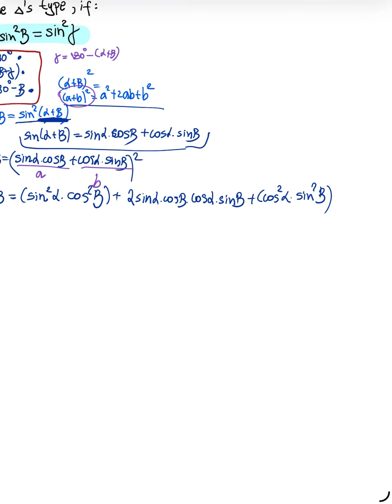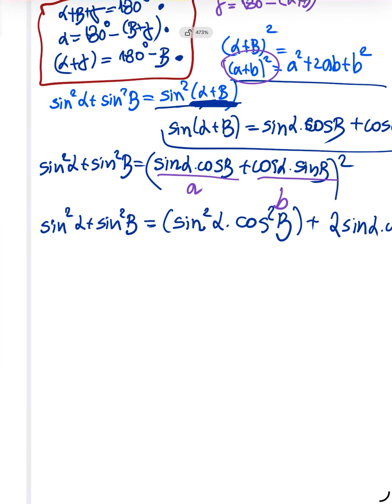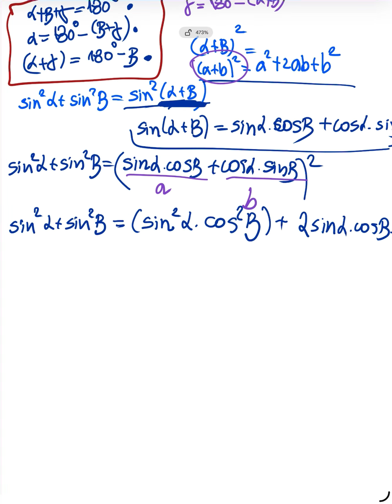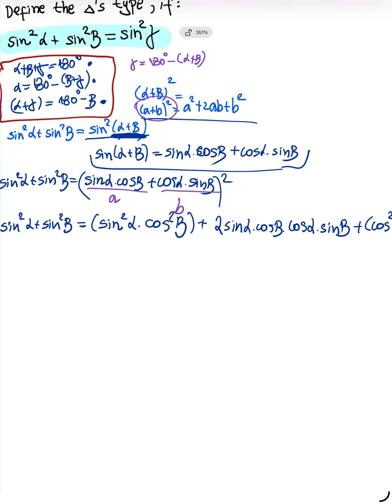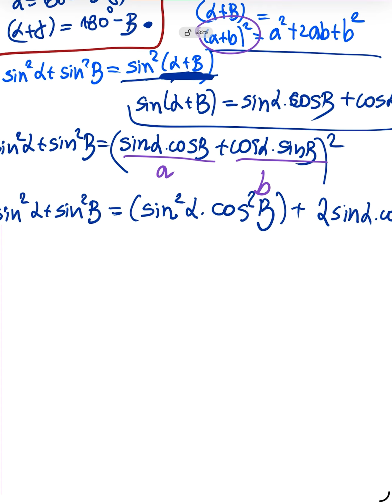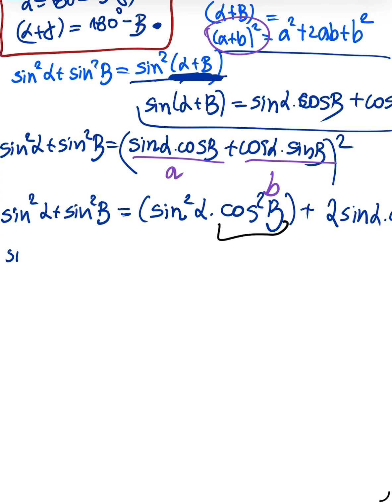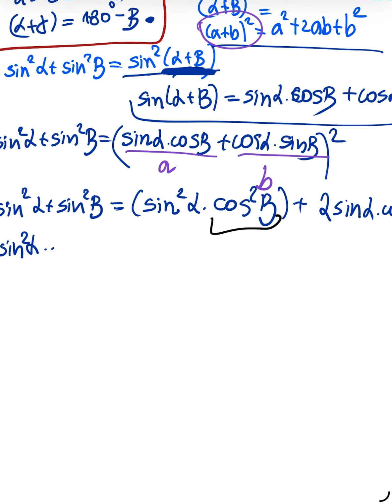Now continue with the next thing. And what's the next thing? The next thing is to present the cosine values using sine values. So we have sinus square alpha plus sinus square beta is equal to sinus square alpha.